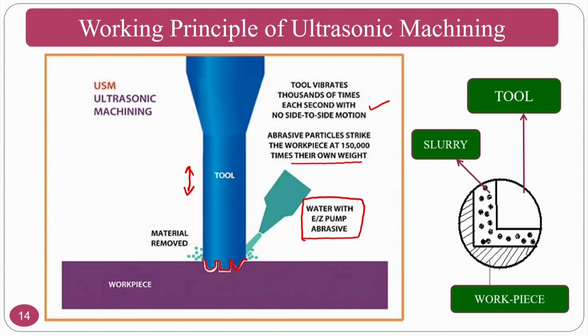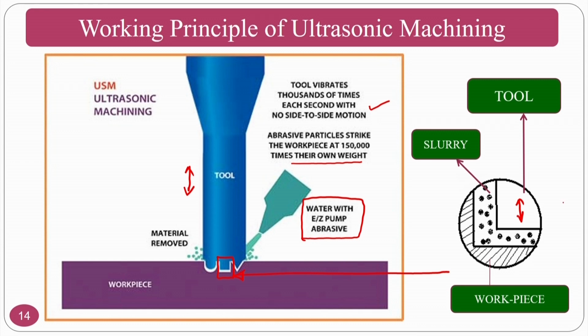Okay. So, if you enlarge this particular portion, and if you see here, these abrasive particles are coming here along with the water, which is nothing but a slurry, and my tool is reciprocating.